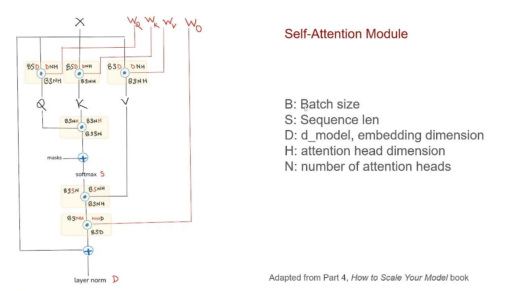The notation which we are going to use is, by B we mean the batch size, and by S we mean the sequence length. Basically, in each sample, so let's focus on training here, how many tokens are there? D is what's called D underscore model, or the embedding dimension. H is the attention head dimension, and N is the number of attention heads.